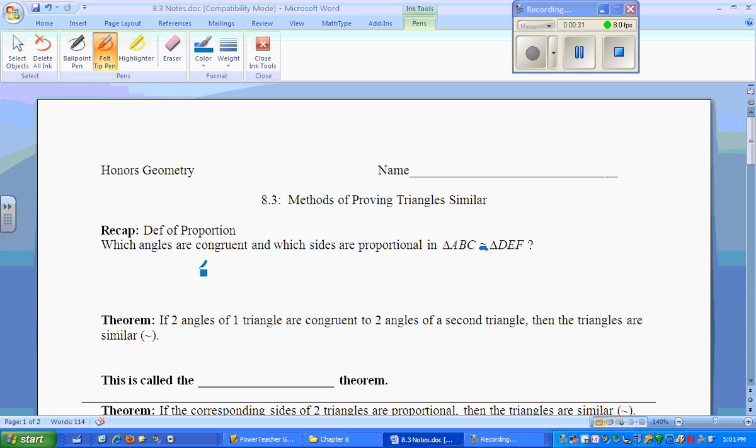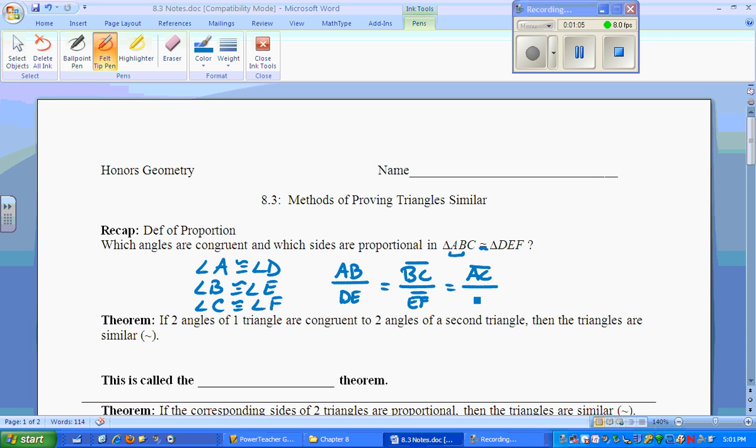In this case, when you look at it, angle A would be congruent to angle D, angle B congruent to angle E, and angle C congruent to angle F. When you look at the sides that are proportional, AB would be proportional to DE, BC would be proportional to EF, and finally AC would be proportional to DF.